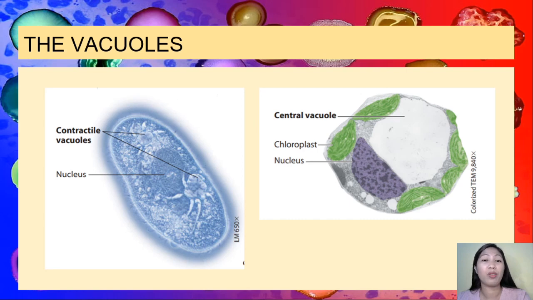Without a way to get rid of the excess water, the cell would swell and burst. See the right image. It shows a plant cell's large central vacuole, which helps the cell grow in size by absorbing water and enlarging. It also stockpiles vital chemicals and acts as a trash can, safely storing toxic waste products.